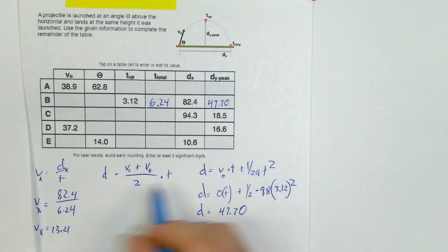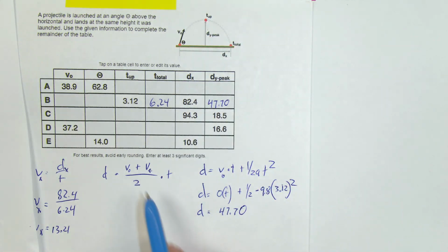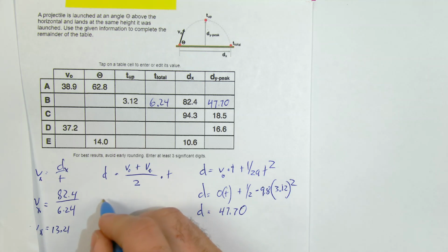We'll use this distance in this equation because we're trying to find out the initial velocity on the y-axis. And so we can say 47.